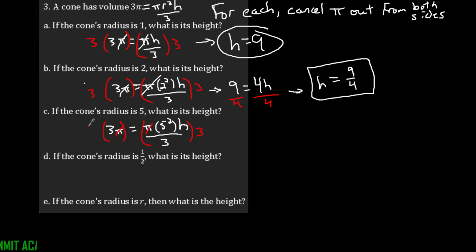Same first step each time. Make sure you're taking it one part at a time. This is going to give me 9 equals 25h. For this one, all I have to do is divide both sides by 25 to get h by itself. So h equals 9 over 25.